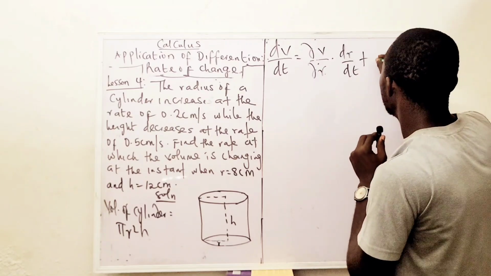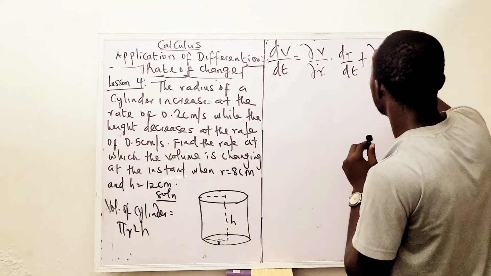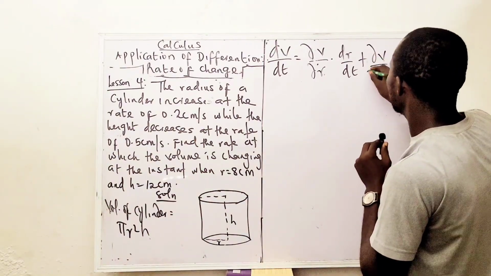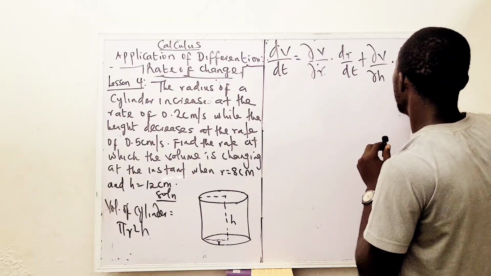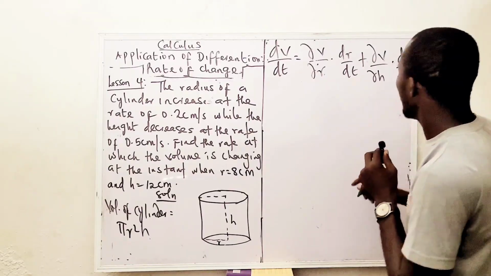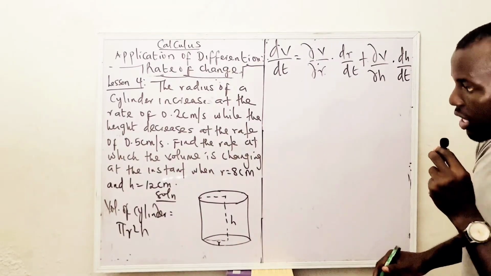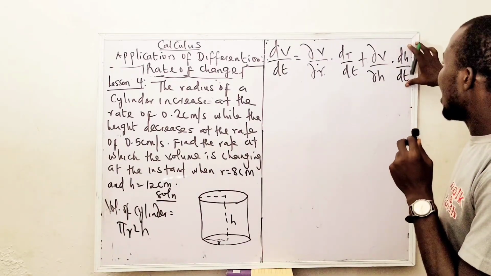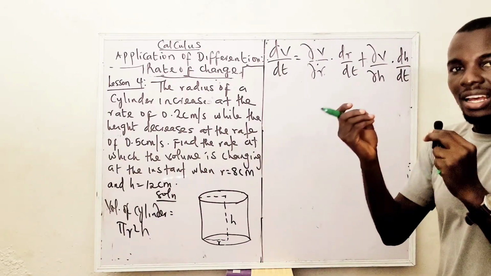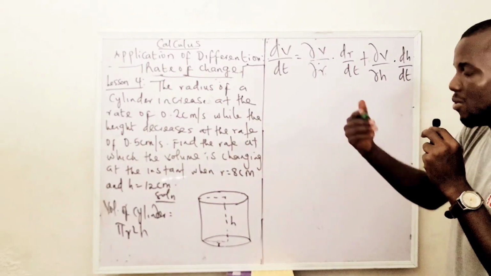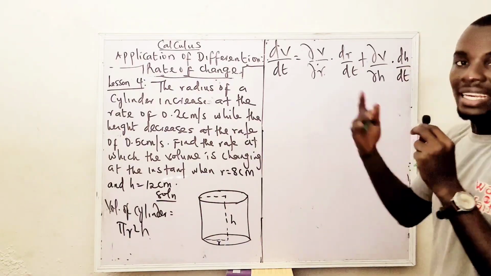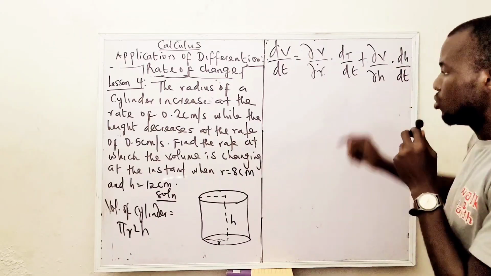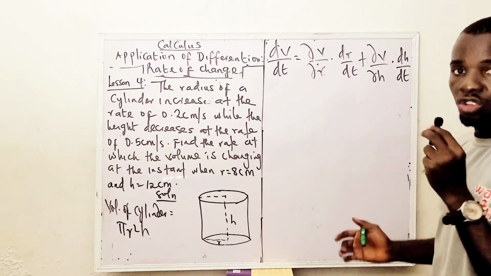So this will be the partial of V over the partial of h, times dh dt. Remember, this is the rate at which the height is increasing with respect to time. So this is what you are going to have.